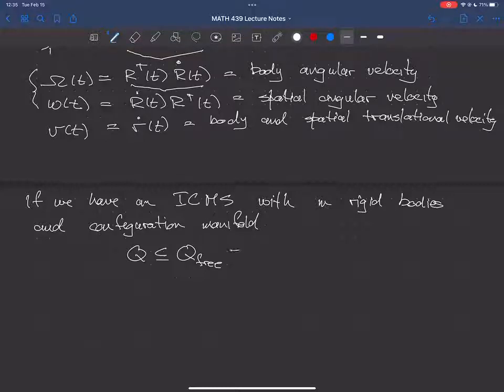And in this case, Q free, because we have m rigid bodies, is just m copies of SO3 cross R3. Okay.